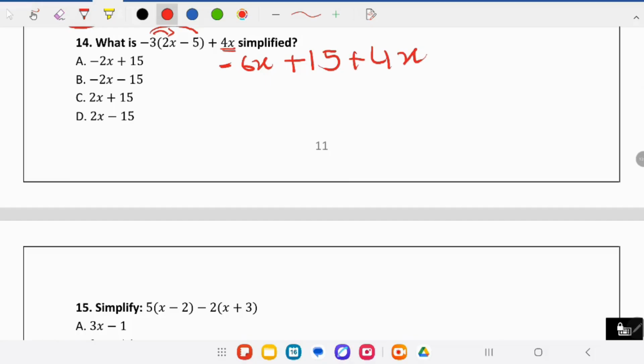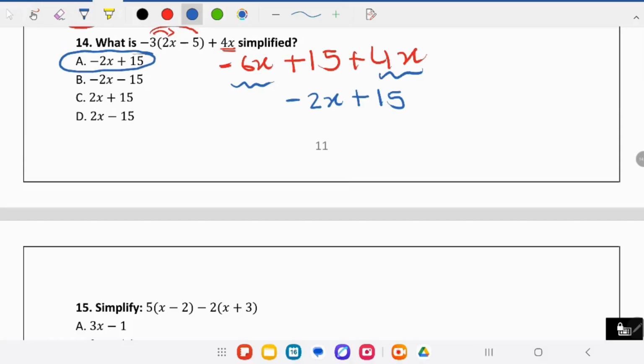So I underline my like terms. Negative 6 plus 4. As I said, I'm going to subtract them because their coefficients are negative 6 and plus 4. So that's negative 2x plus 15. As it is, I'm going to write minus 2x plus 15. I'm going to look for this answer, which is A.